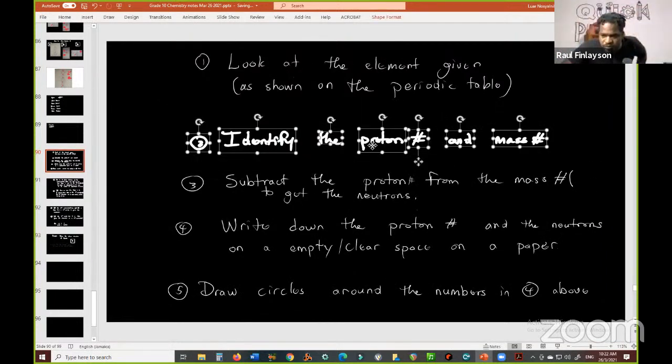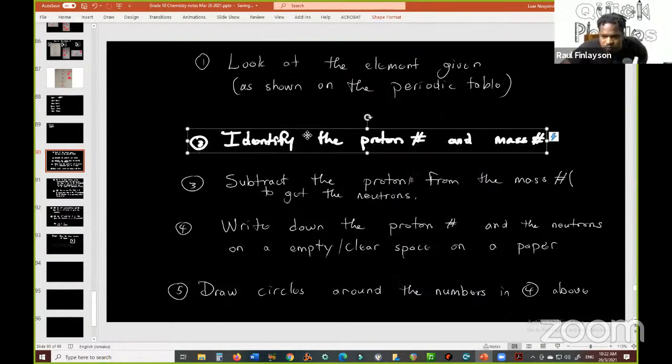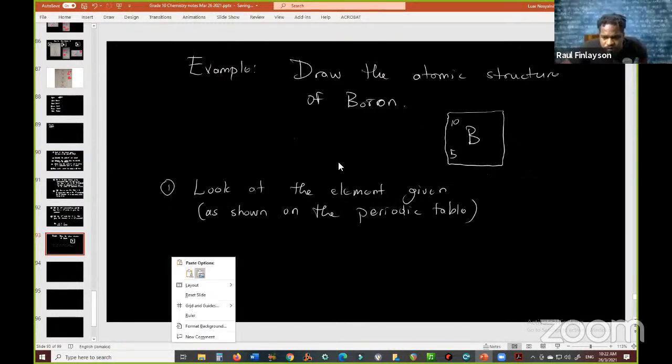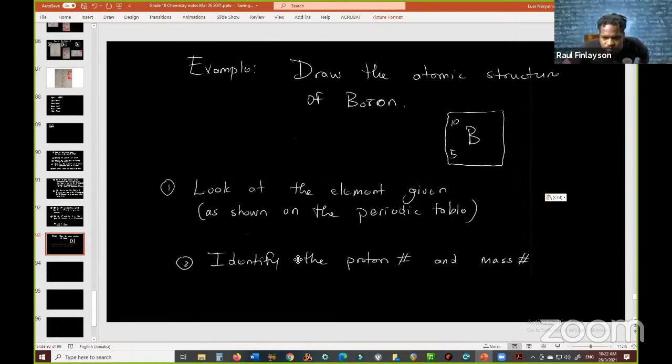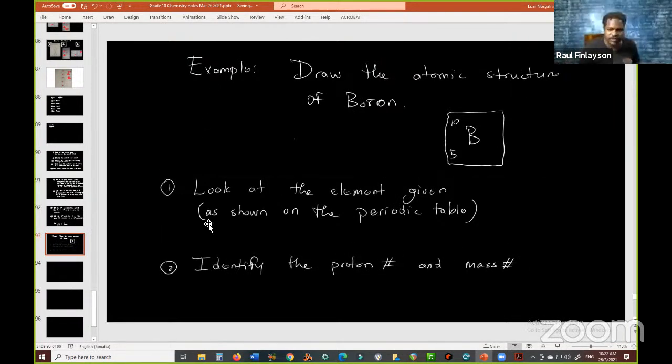Next thing now, say what? Second one says identify the proton number and the mass number. Can we do that? Tiana, Ruda, Andrew. Yes, sir.